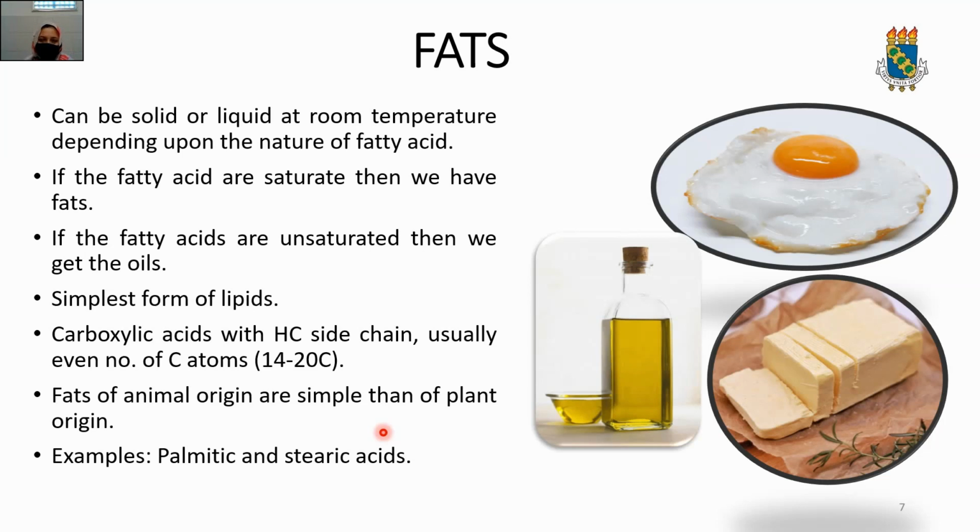The general examples of these fats are palmitic acid with 16 carbons in its structure and stearic acid with 18 carbons in its structure, and they can be obtained from these sources. You can see from butter, from egg yolk, or from plant oil.